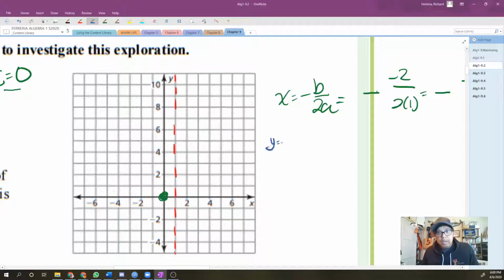So if y equals x squared minus 2x, when we substitute 1, we get 1 squared minus 2 times 1. Well, 1 squared is 1, 2 times 1 is 2, and 1 minus 2 is -1. So the vertex is 1, -1. All right?